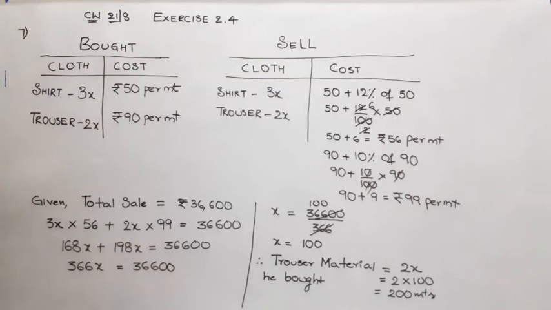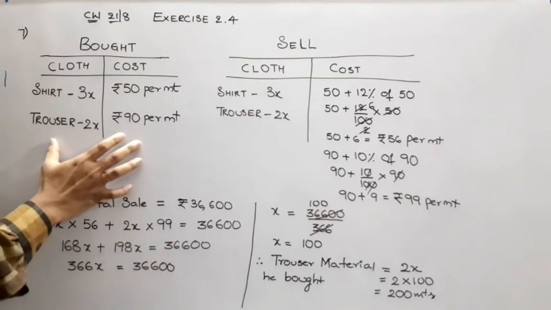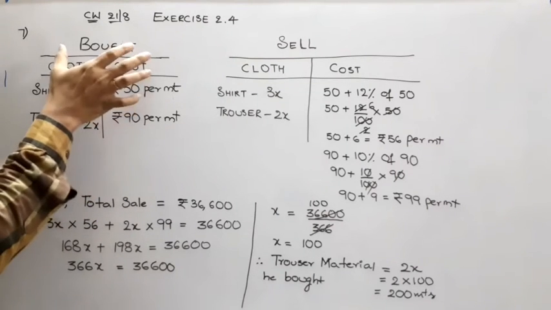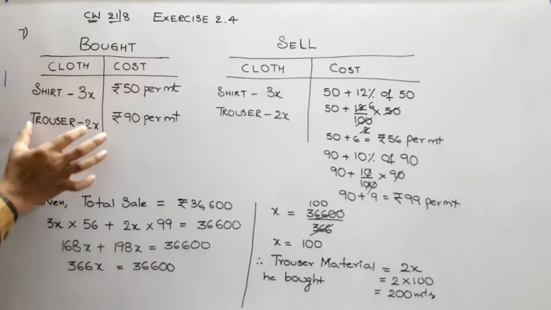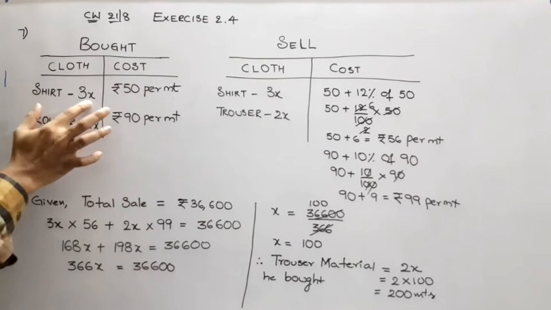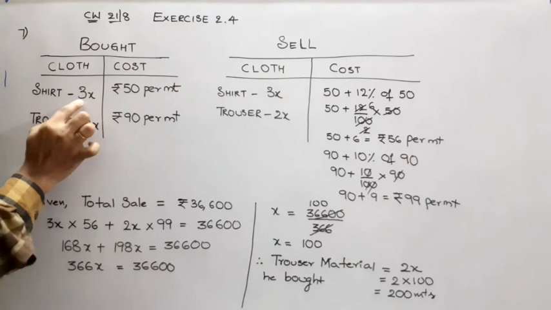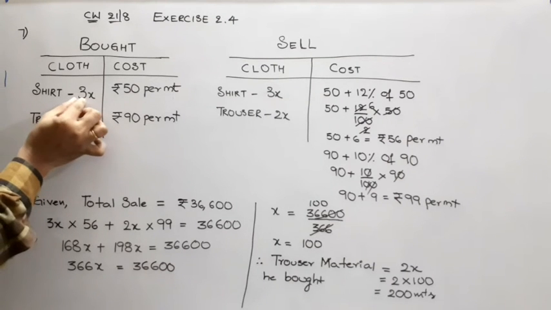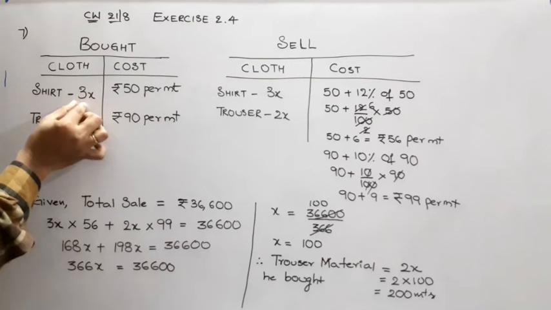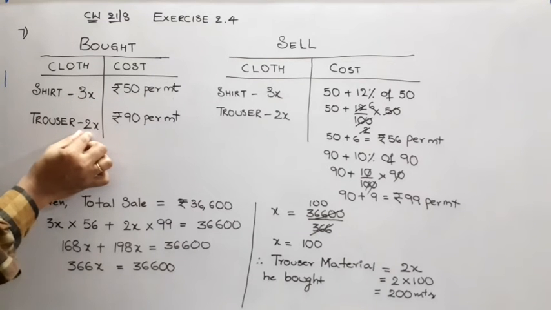Just as a quick understanding purpose, I want to repeat it again. Look. So there is a person who bought some amount of cloth. It is not given how many meters of shirt or how many meters of trouser is bought. Whereas he has given a hint that for 3 meters of shirt, he bought 2 meters of trouser.